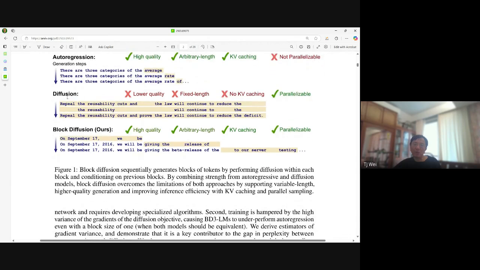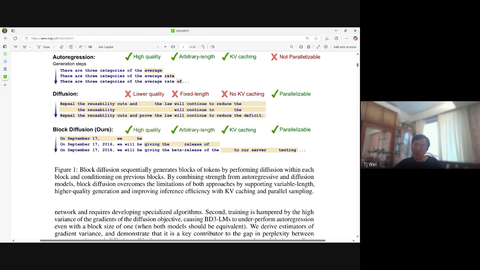If we use a diffusion model directly to generate text, there have been several attempts, but none of them are as successful as the GPT-based models.